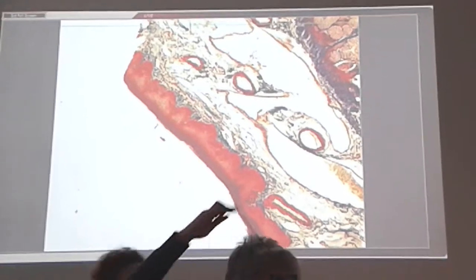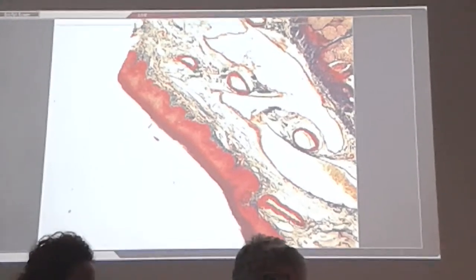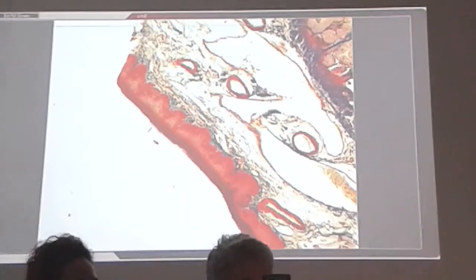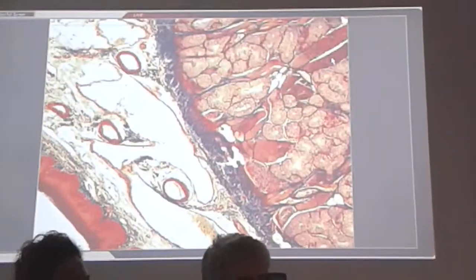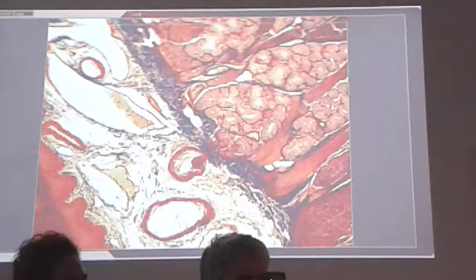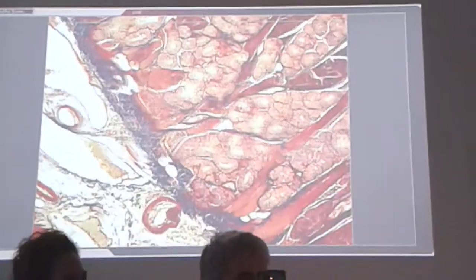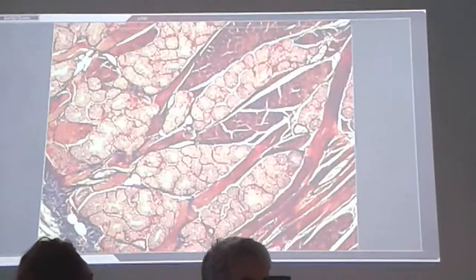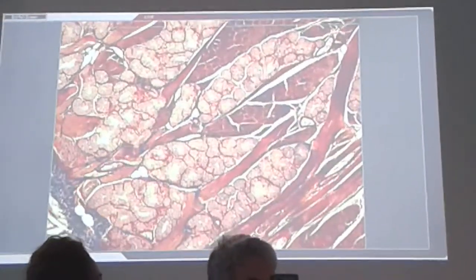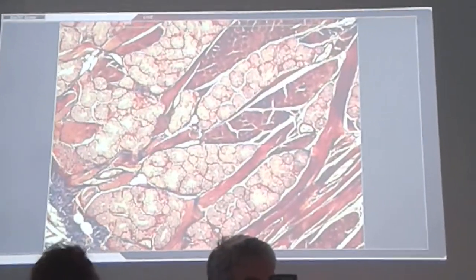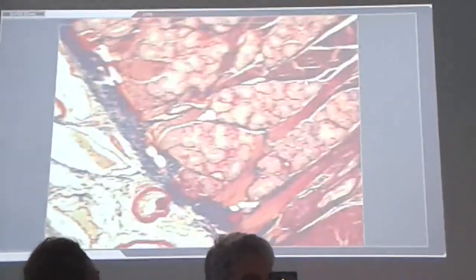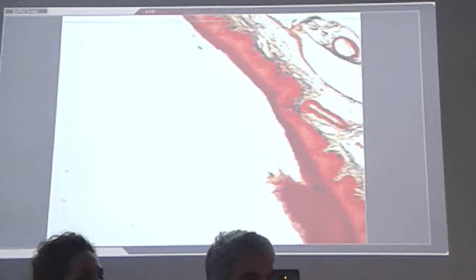And then we reach the muscularis layer here, and there are some other glandular structures invading between those muscle bundles. So this is the tip of the tongue.